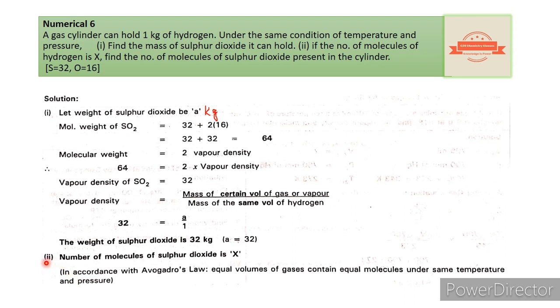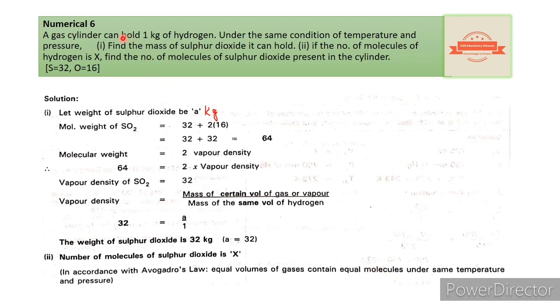In number 2, if the number of molecules of hydrogen is x, find the number of molecules of sulfur dioxide present in the cylinder. Number of molecules of sulfur dioxide will also be x, because according to Avogadro's law, equal volume of gases under the same condition of temperature and pressure contain equal number of molecules.